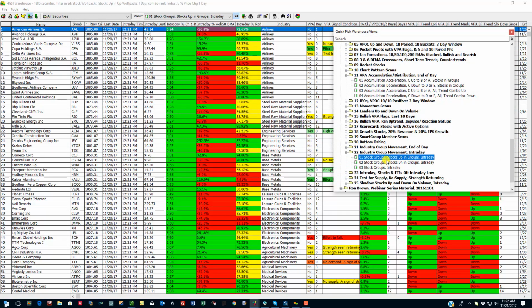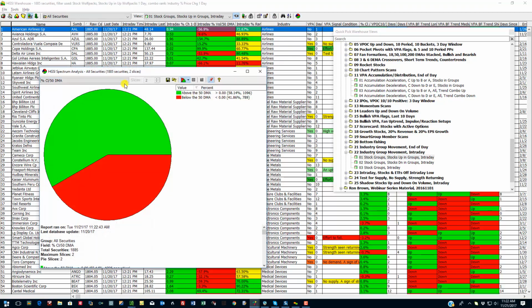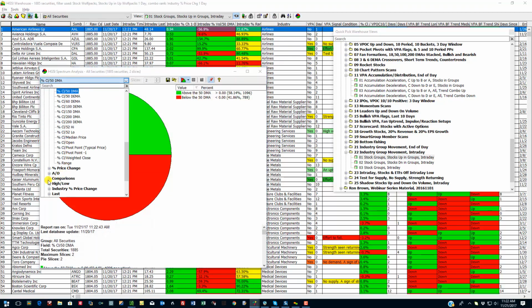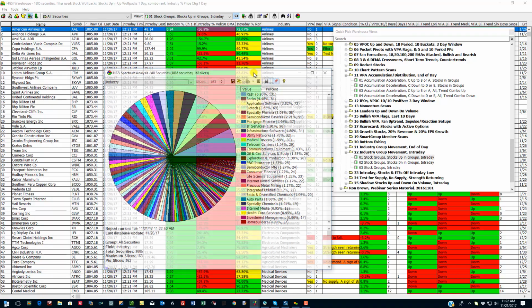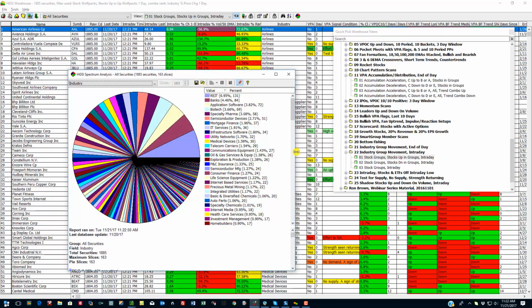Now, this is stocks up in groups intraday, and if I bring the spectrum analyzer up and go up to industry, this will give me a quick view of where the strength is today, and you can see that there are a lot of REITs, a lot of banks, a lot of application software, biotech, and so on.